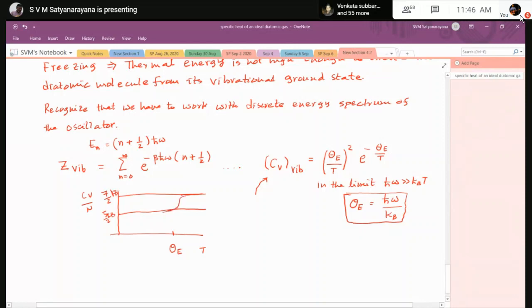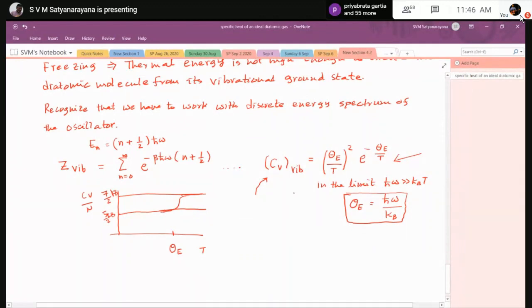So much below theta_E it will be 5 by 2, because vibrations no longer contribute to the thermal excitation. This exponentially falls from 7 by 2 to 5 by 2, and that is what is given by Einstein's expression for the specific heat.